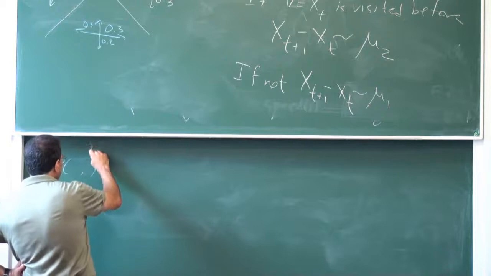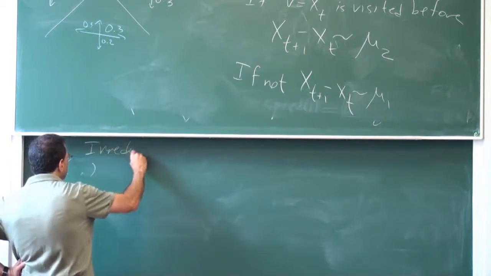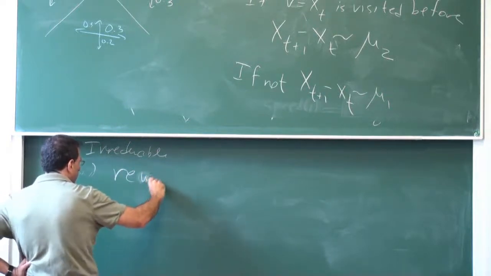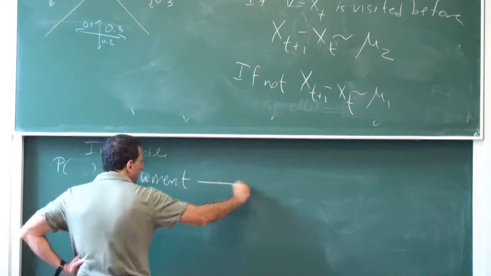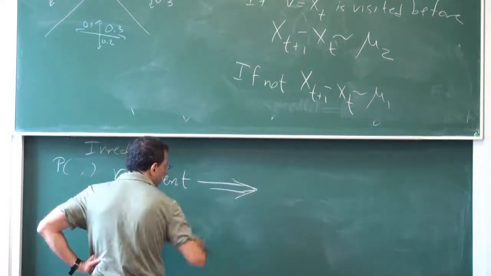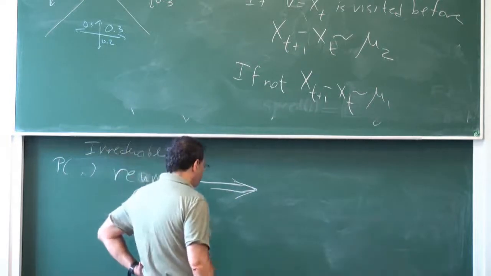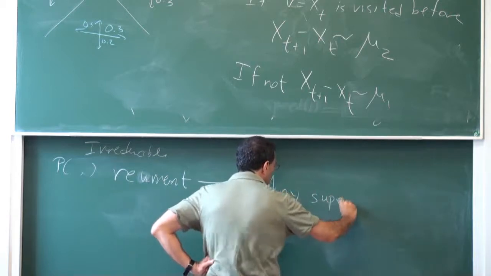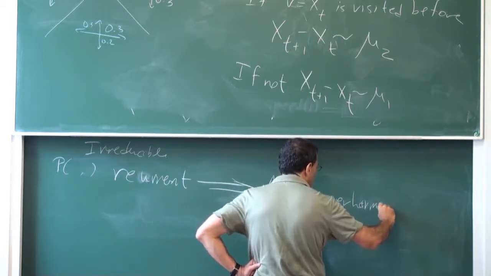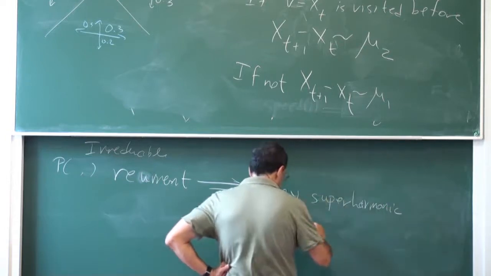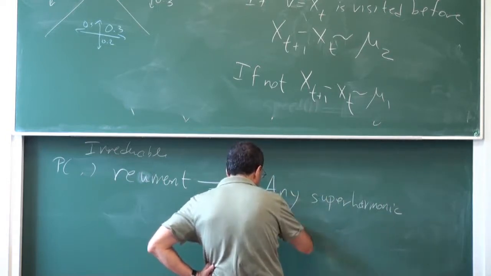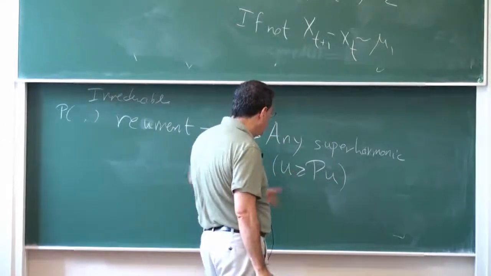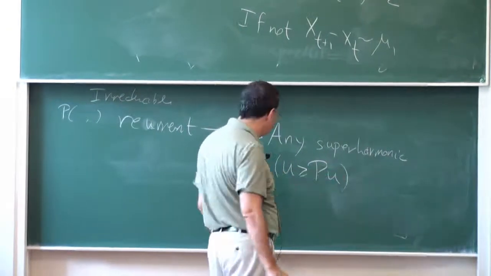And we're only going to look at irreducible chains. So the chain is recurrent if and only if, but I just need this direction, any superharmonic function, so a superharmonic function just means that the function u is bigger than P times u, so you take the matrix P and just multiply by the vector u.